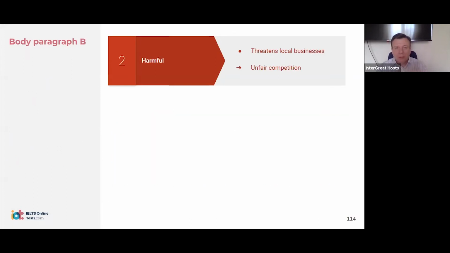Right, let's have a look. So next, we're showing a contrast, so we're using however. They are also negative, so what's going to go into the gap?